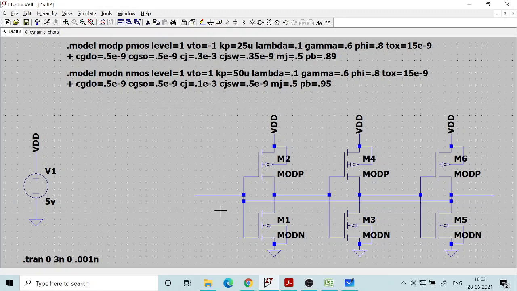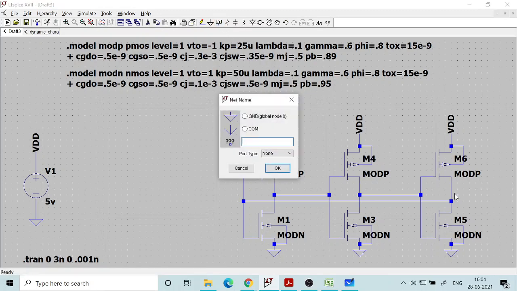We're just going to make a circuit. So let me denote this output with a label.